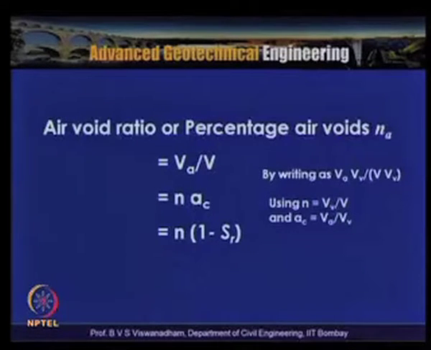If you substitute AC equal to 1 minus SR, we can write percentage air voids NA equal to porosity into (1 minus SR). So, when SR is equal to 1, percentage air voids NA is equal to 0. That means that the air void ratio, percentage air voids NA, is equal to n into (1 minus SR).